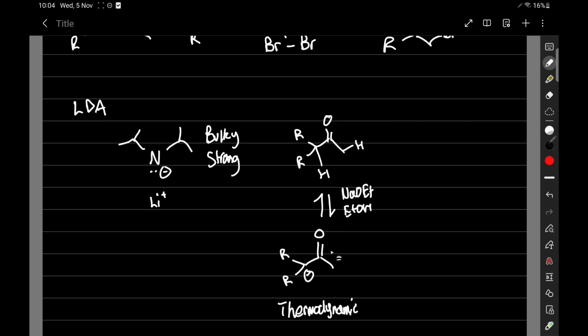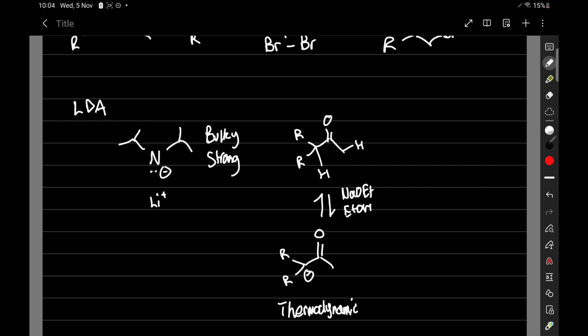So we've got this under thermodynamic control. We leave it for a long time. We let the equilibrium settle. And it settles at the most stable enolate.